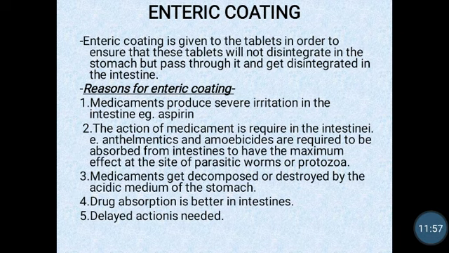Then the drug absorption is better in the intestine. The intestine has a number of receptors or carriers, so the drug gets easily absorbed in the intestine in a maximum amount. So to achieve a better absorption, the drug should get released and absorbed by the intestine.